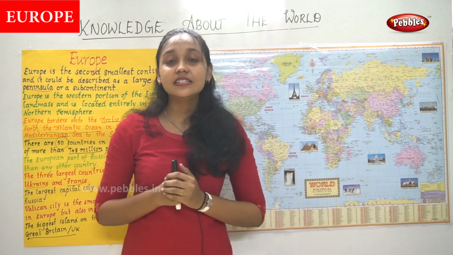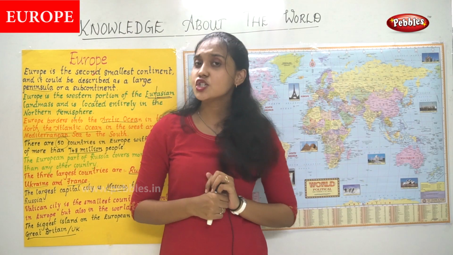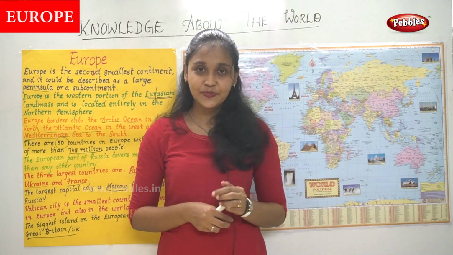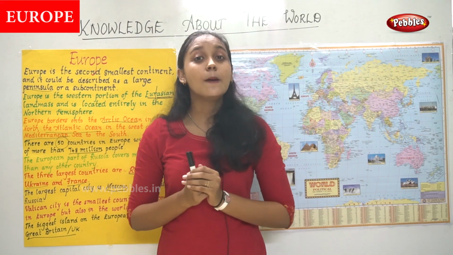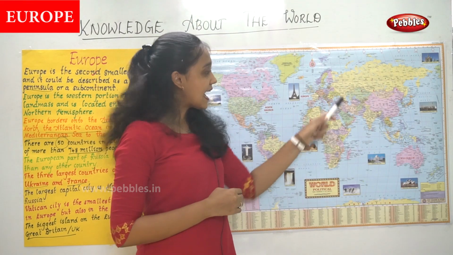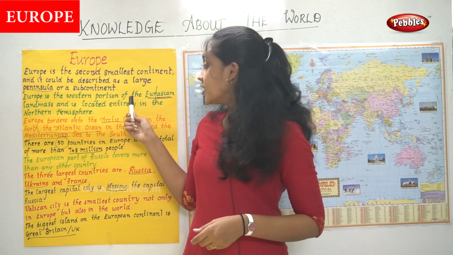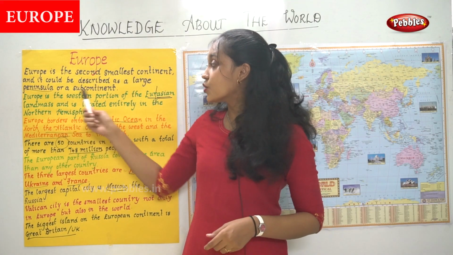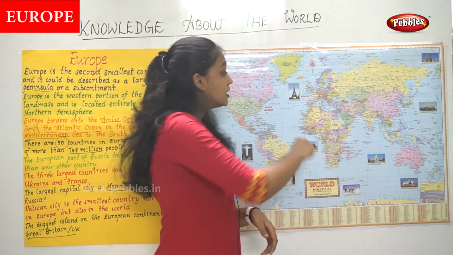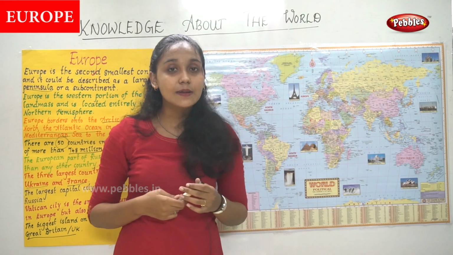So what have we learnt about Europe so far? It is the second smallest continent in the world. It is a large peninsula, that is, it has water on three sides and land on one side. It is the western portion of the Eurasian landmass. What is the Eurasian landmass?